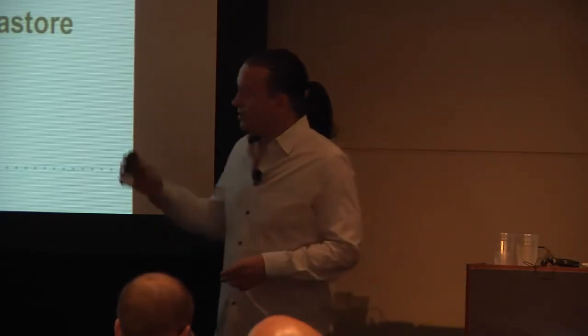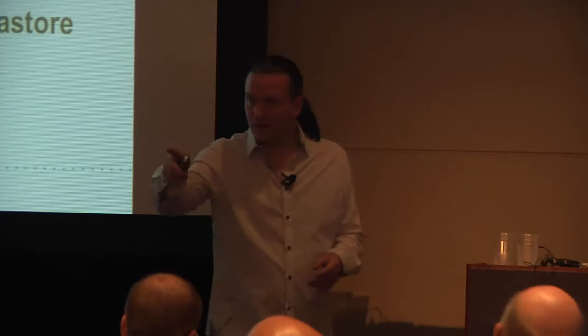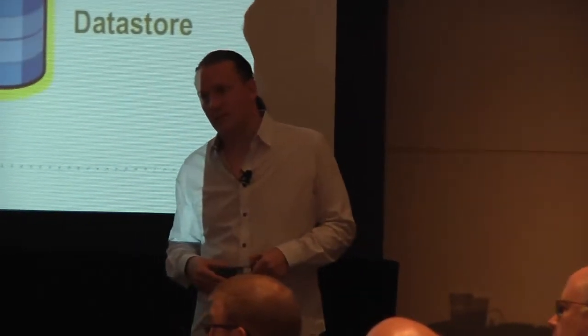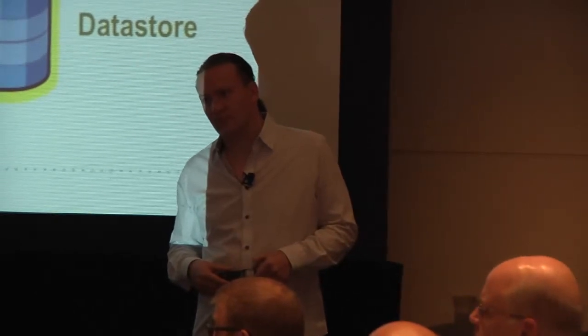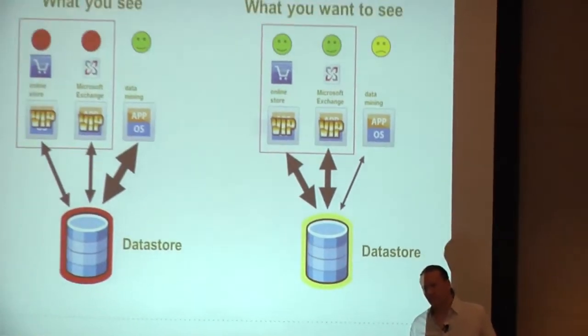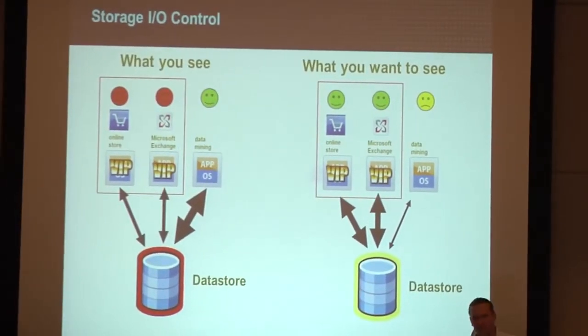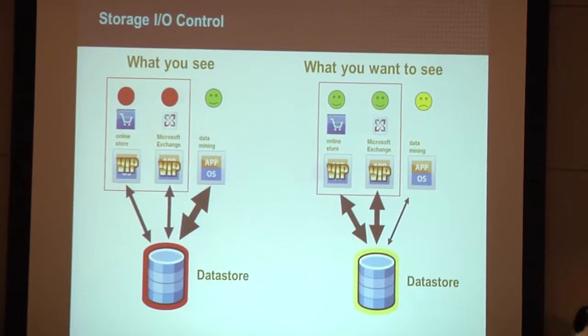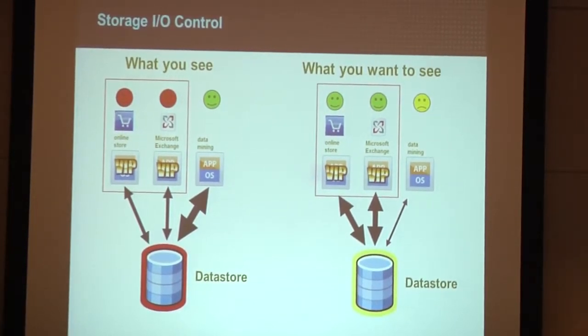Storage I/O Control. Now this, Sonny. Is there anywhere where we can find a document that describes which memory optimizations can be done for XenDesktop on vSphere versus which ones can only be taken advantage of by View? So the question is, is there a document we can find anywhere which optimizations are available for View compared to what are available for XenDesktop? I.e., is all this stuff I'm talking about available for XenDesktop as well?